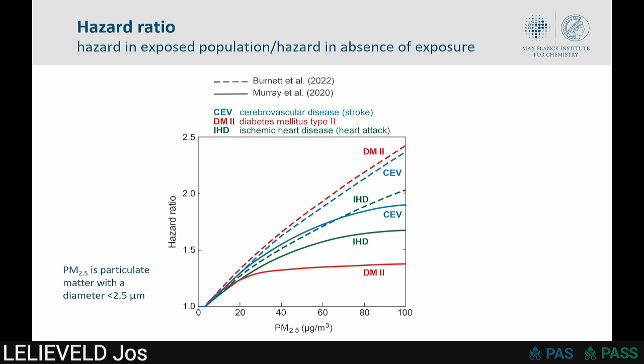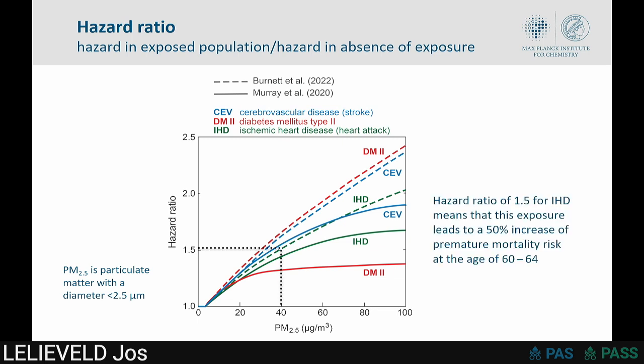Let me first explain to you what the hazard ratio is. So if you look at the dotted line, you see that when you are exposed on average to 40 microgram per cubic meter PM2.5, which are particles with a diameter smaller than 2.5 micrometers, then you have a 50% higher chance of developing heart disease from which you die.